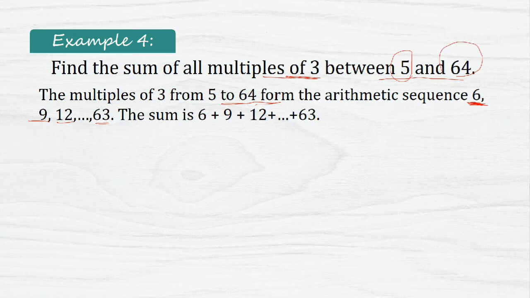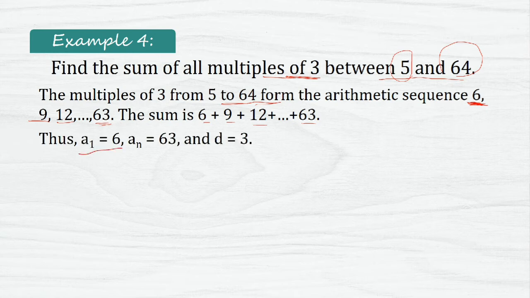So, it means that we have to find the sum of 6, 9, 12, and the last term is 63. That is 6 plus 9 plus 12 and so on, then plus 63. In this case, since we don't know kung pang ilan si 63 or ilang terms meron lahat, we have to solve for the value of n first kasi wala tayong value ng n.